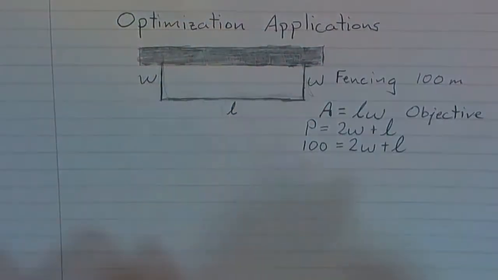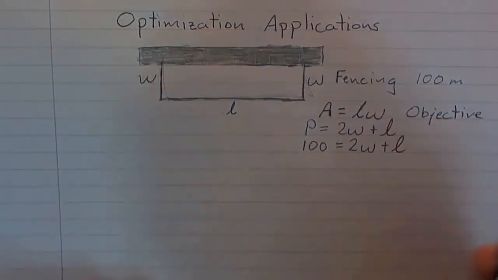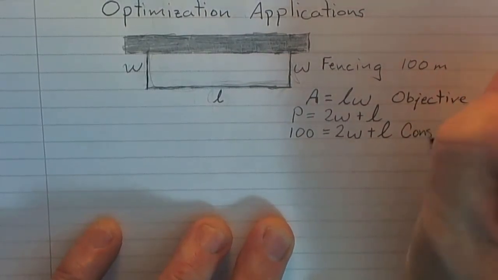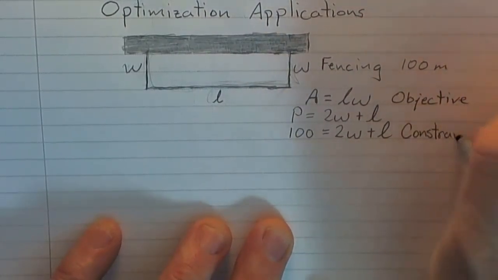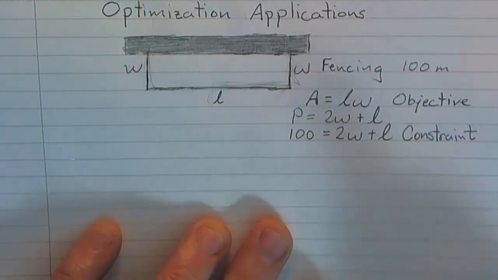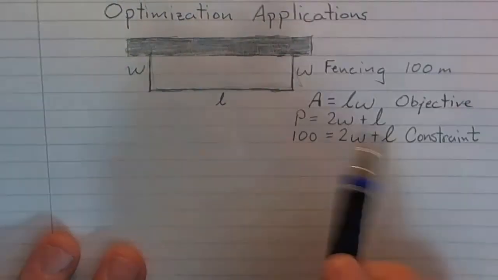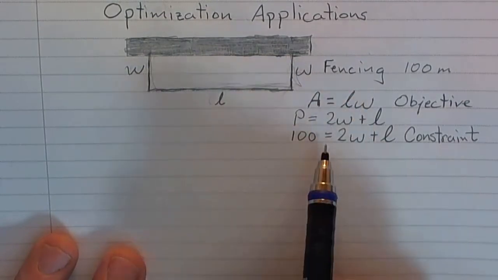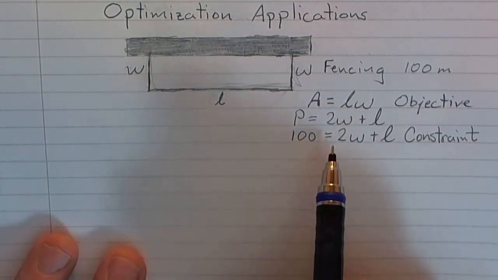So here's what we have right there. Now this is our constraint. So we want to find the optimal area with this constraint.